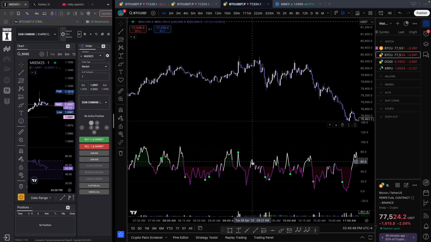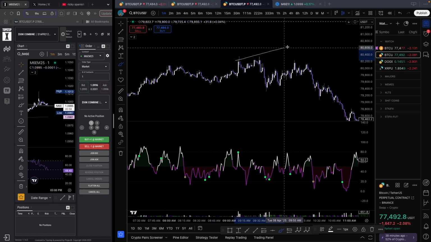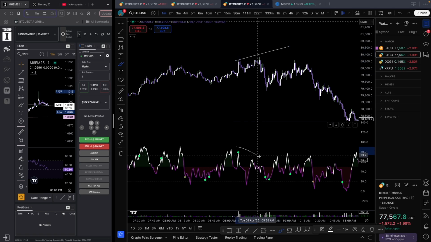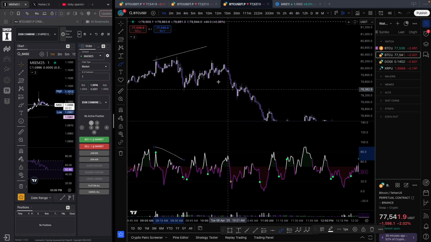Other divergences kind of push the price up when they come here to like this, and then it's hard to read sometimes. Maybe something like this, but even closer. But like you can see verbatim, price made a higher high, but not on RSI. That did not happen. Divergence.